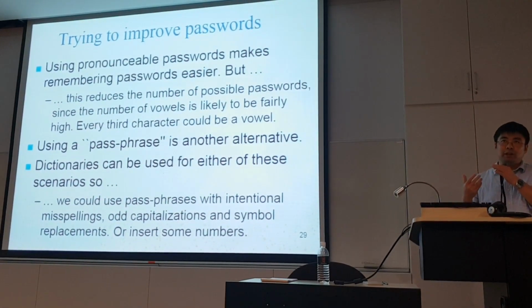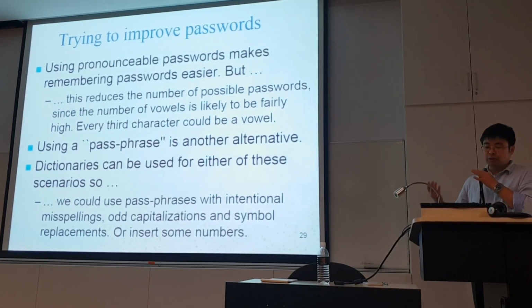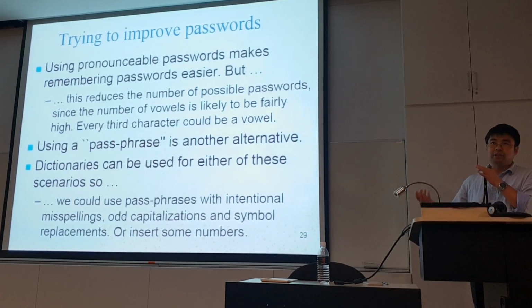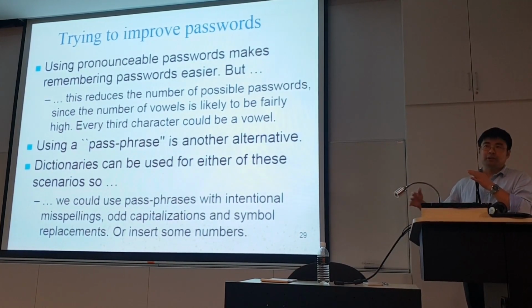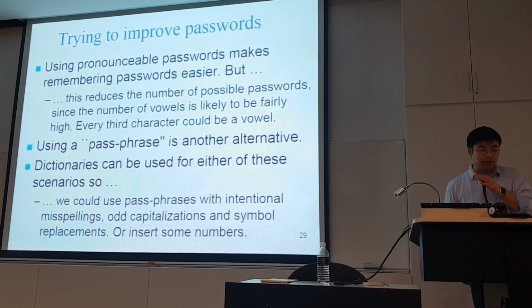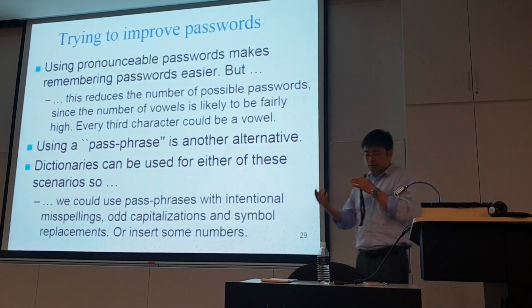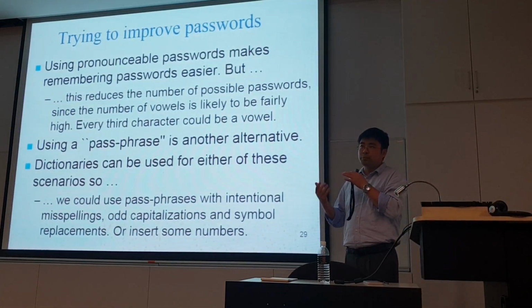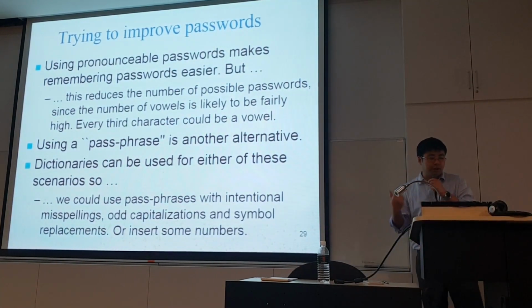High entropy means you have more possibilities for the password. We cannot control the attacker's testing speed because it's controlled by the attacker. If the attacker is rich, he could buy a lot of GPUs and have a very fast processing time. So we could not control the testing time of the attacker, but we can improve the quality. That means we enlarge the number of possible passwords, we increase the entropy.